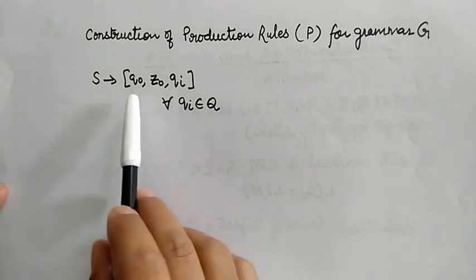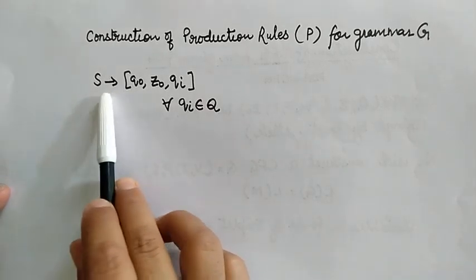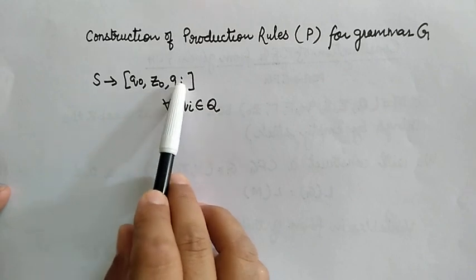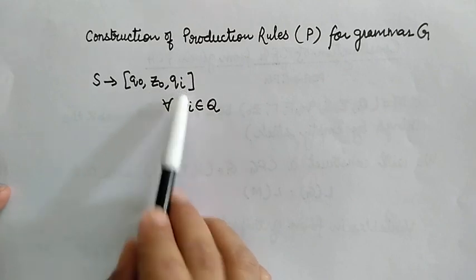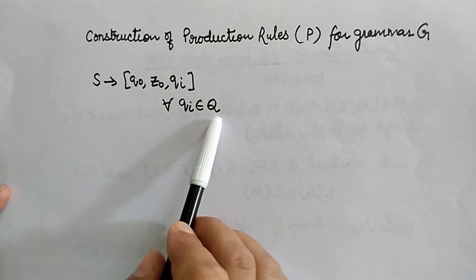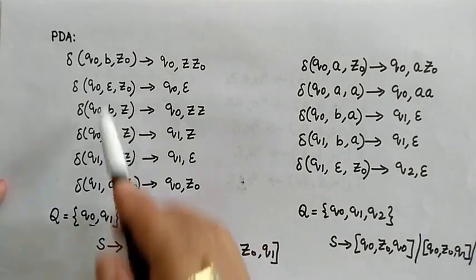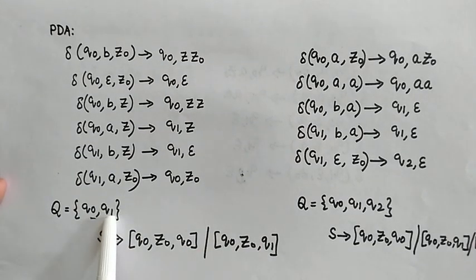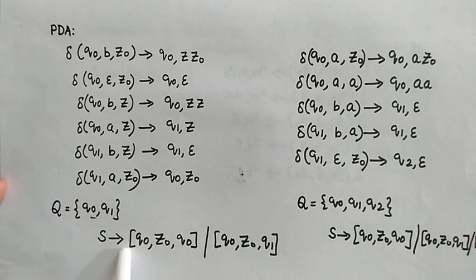The production rules for the start variable S will be of the form S to Q0 Z0 Qi for all the states present in the capital Q. For example, suppose we have this PDA, and you see there are two states, Q0 and Q1. So the production rules for the variable S will be S to Q0 Z0 Q0 and S to Q0 Z0 Q1.